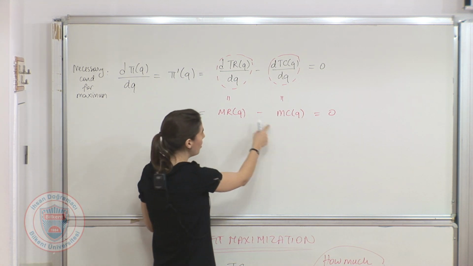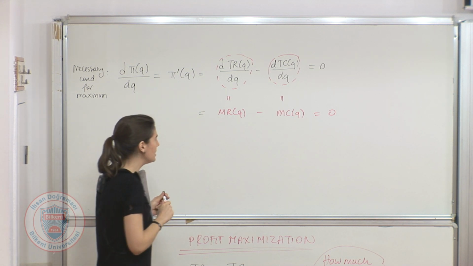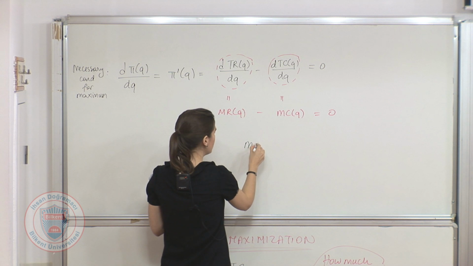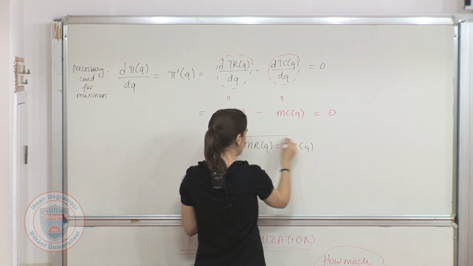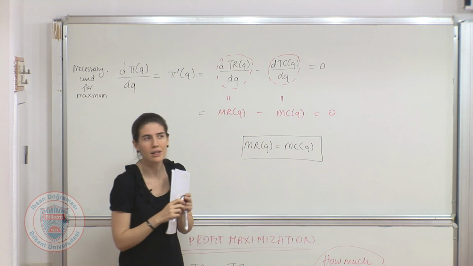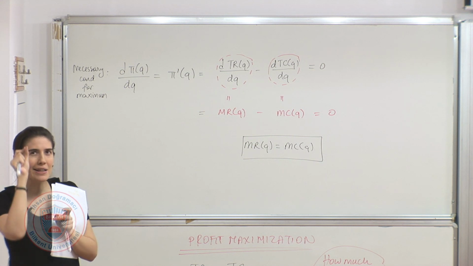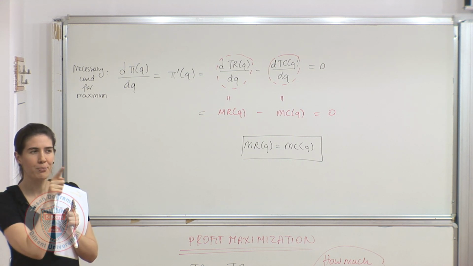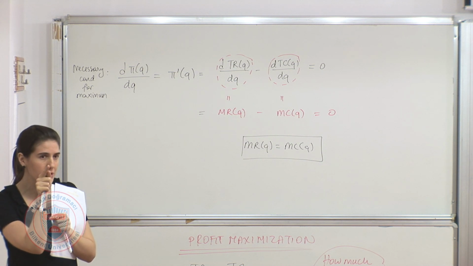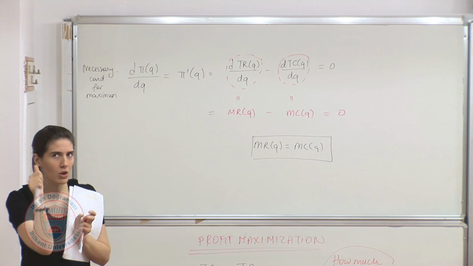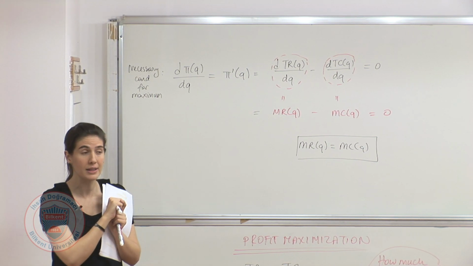Now, what is the profit maximizing condition? As you can see, marginal revenue should be equal to marginal cost. At the profit maximizing output level, the contribution of producing and selling that last unit of output is the same: the cost it will bring to you should be equal to the benefit it will bring to you.